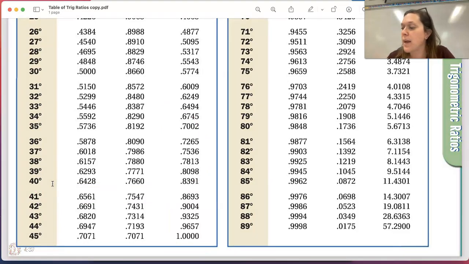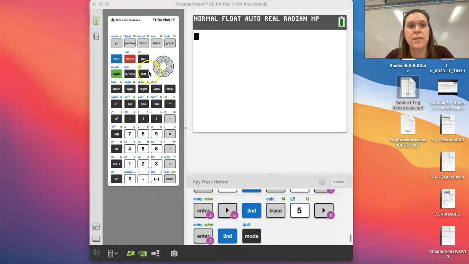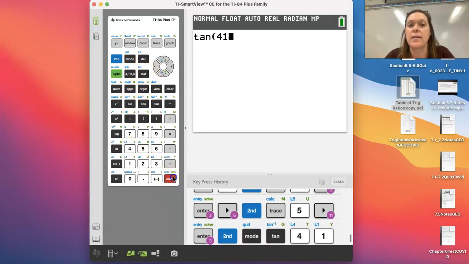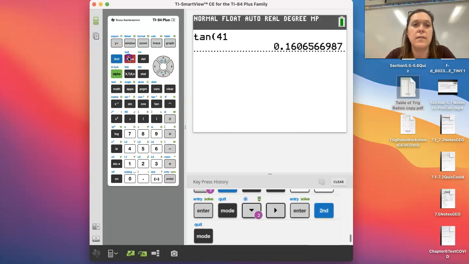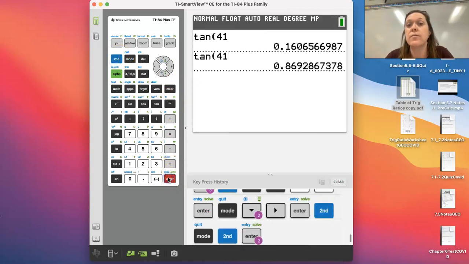Or you can just use your calculator to do the tangent of 41. Oops, I'm in the wrong mode. I need to be in degrees. Let's redo that. Tangent of 41 degrees gets you 0.8693 if I rounded it to 4 decimal places.